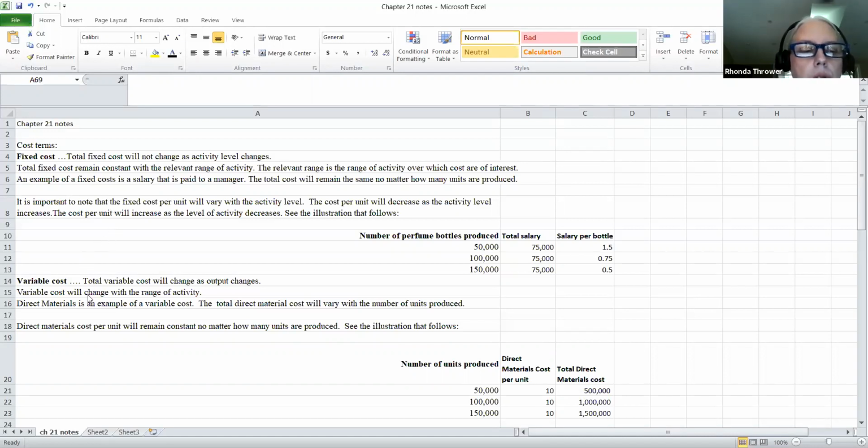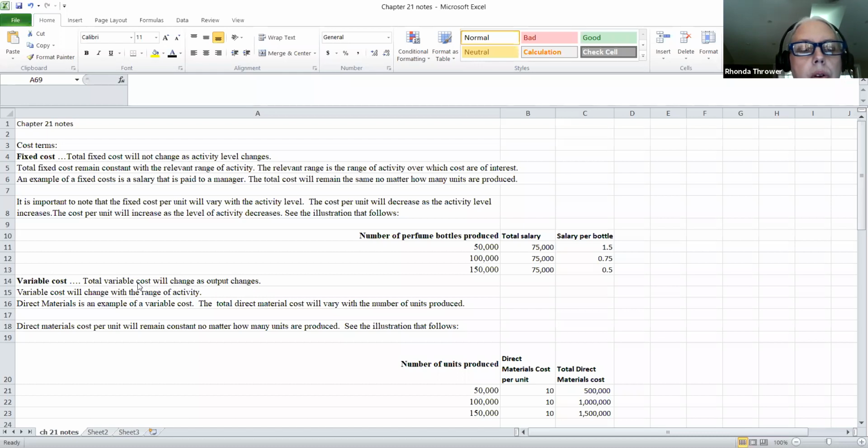Another term that they're going to introduce to you in this chapter is something that we call variable cost. And there will be total variable cost, and there will be variable cost per unit that we're going to talk about. When we're talking about total variable cost, the total variable cost will change as output changes. In other words, the more units that we produce, the more our total variable cost will be.